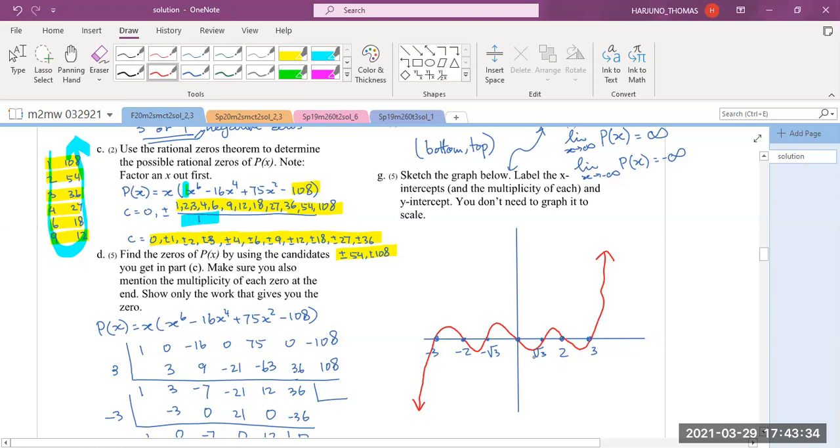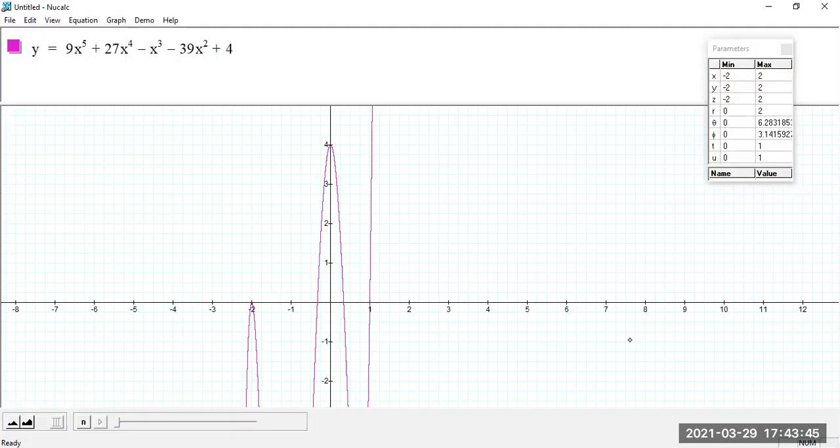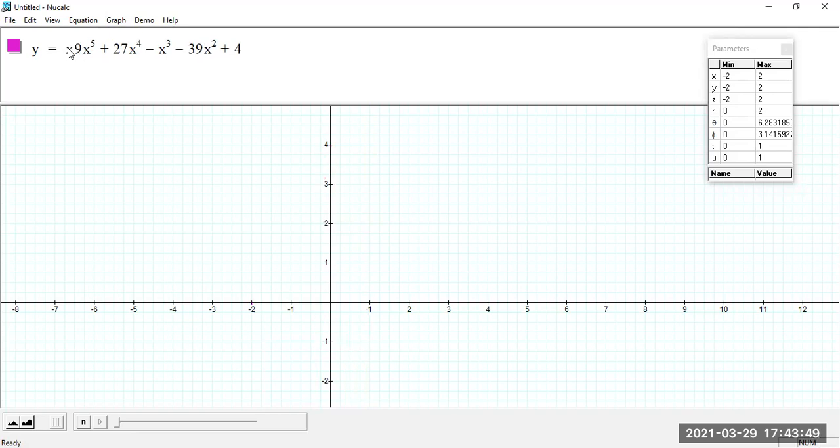Now let's see what happens if you use a graphing calculator. That's x to the 7th, right? And then what? Minus what to the 5th? I forgot. Let me see.